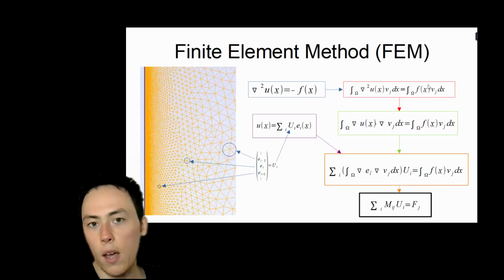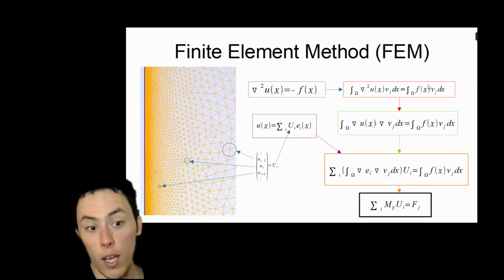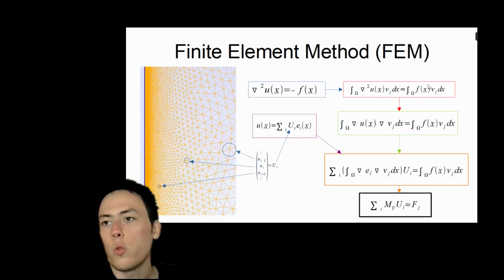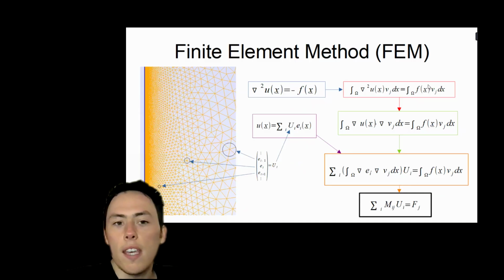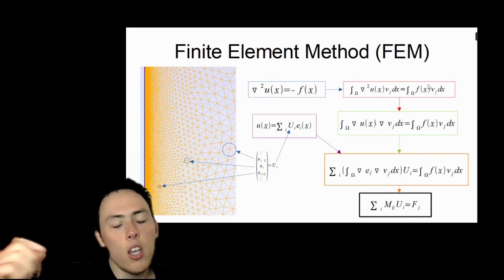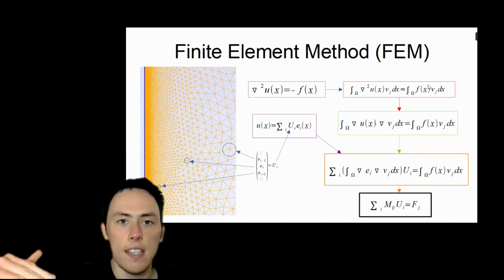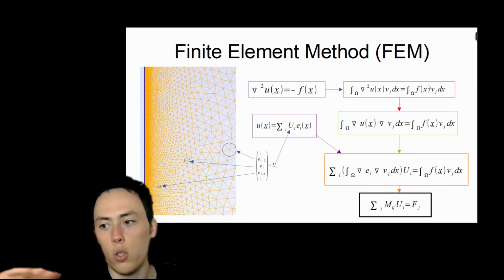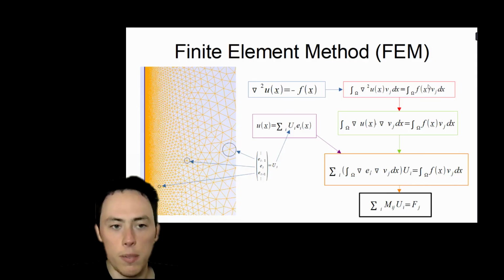So how the finite element method works and why we use it: with these types of scalar fields, they can be very steep. So if you have a region where you basically have a step function in density, you're going to have a very steep curve. And then when you get into your less dense region, it's going to plateau.